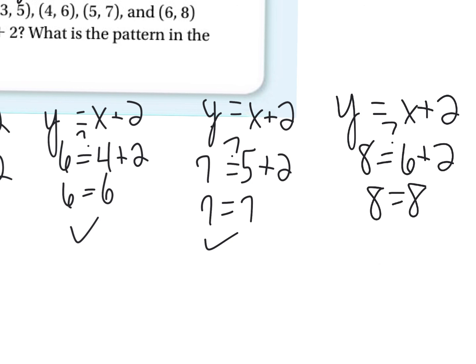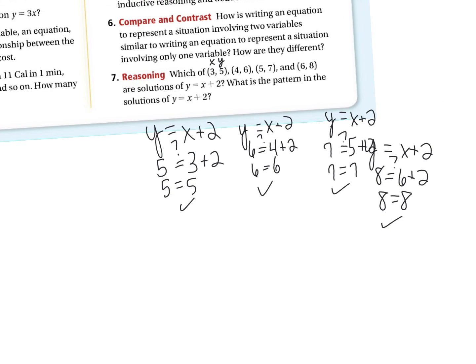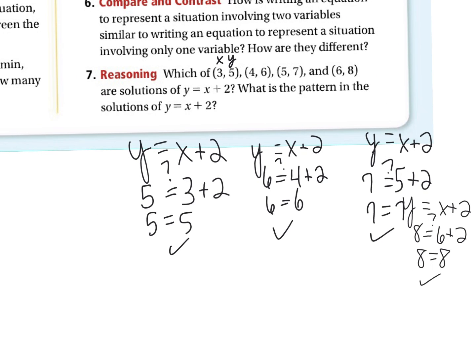So 8 equals 8, so that works. So they actually all work. And then it says, what is a pattern in the solutions? Basically, if you'll notice, the y values are always 2 more than the x values.